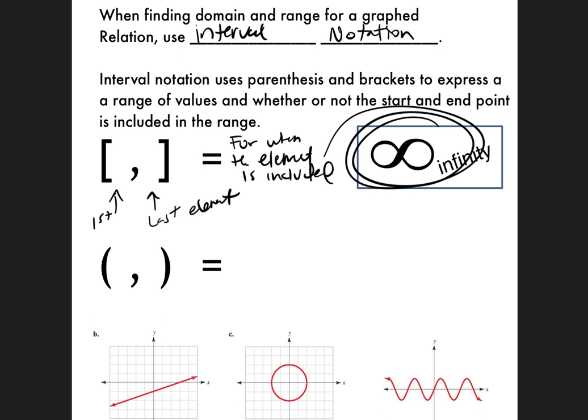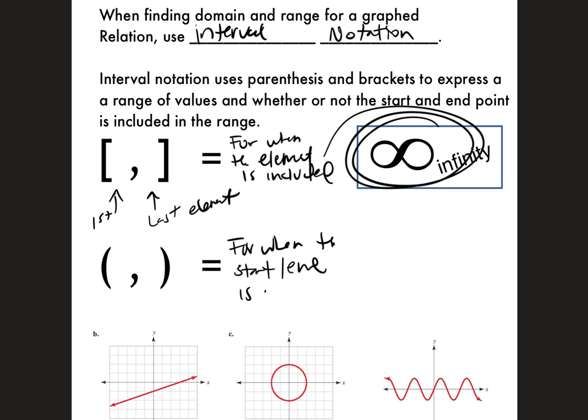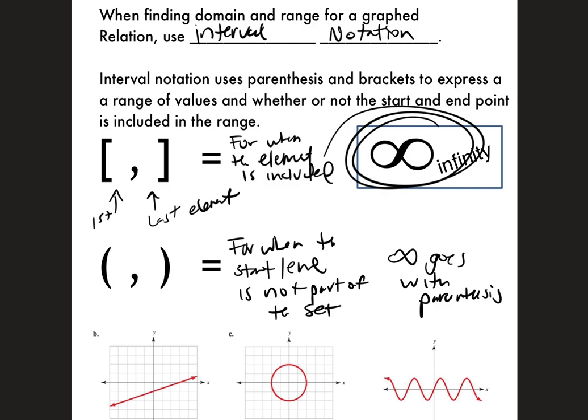And we use parentheses for when the starting or ending element is not part of the set. And if we use infinity, infinity goes with parentheses because we can't pinpoint something down as the end for infinity.